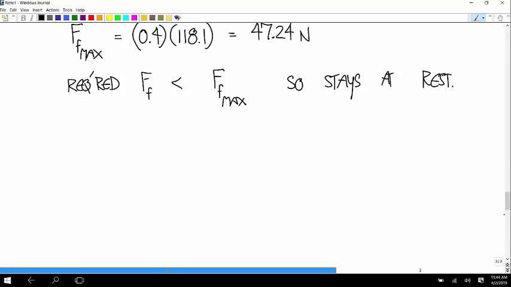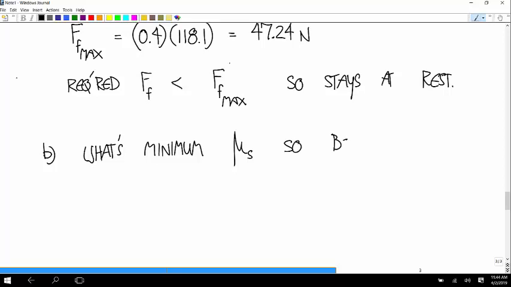Okay, let's do one more question. Let's say that's part A. Part B, what's the minimum coefficient of static friction so this box stays at rest?